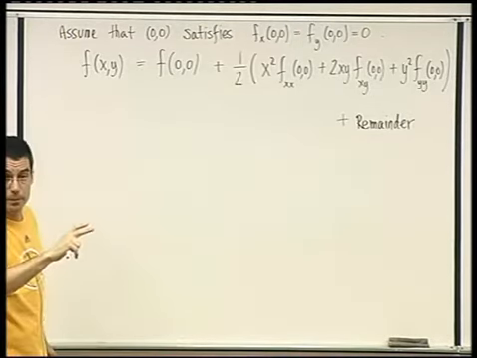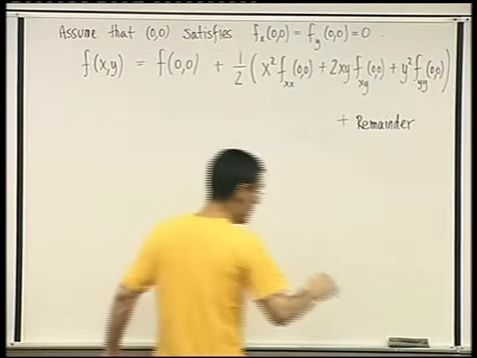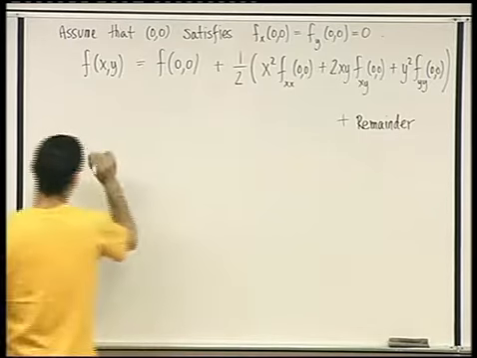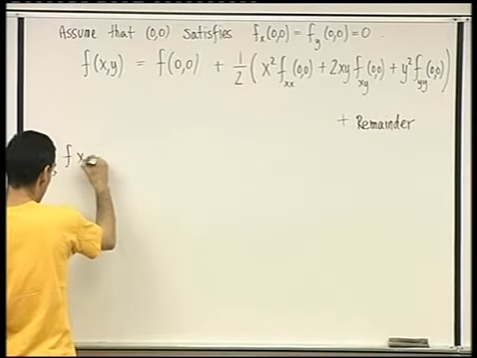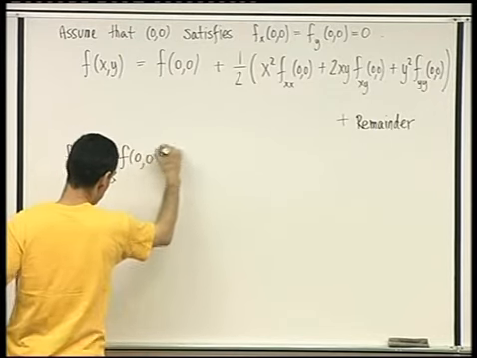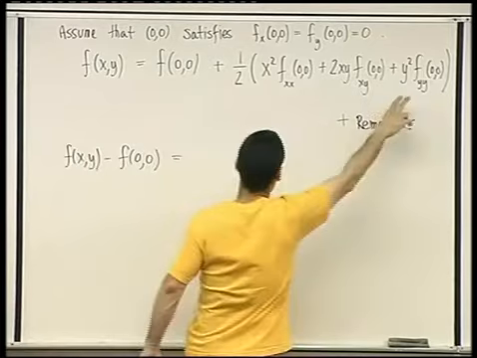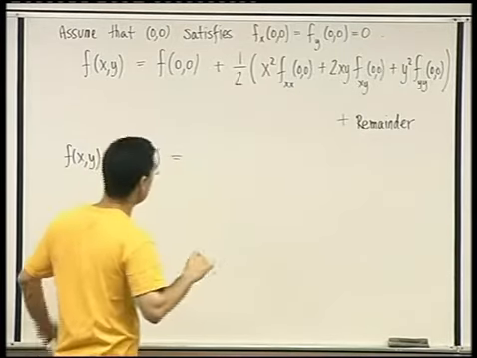Do you agree? Okay, good. So let me rewrite this. I'm writing f(x,y) minus f(0,0) equals this expression, but now I'm going to use some names.